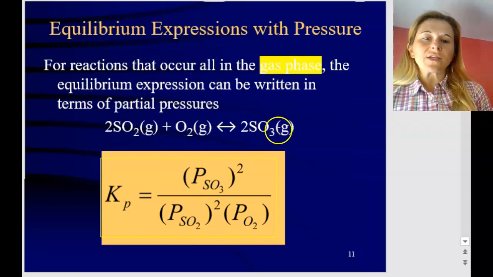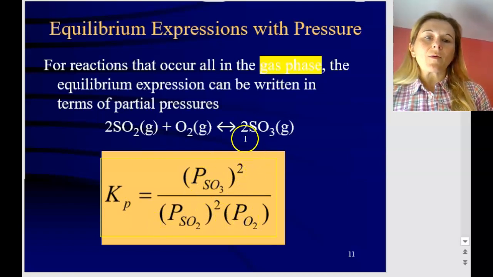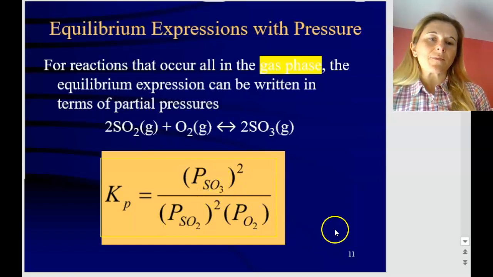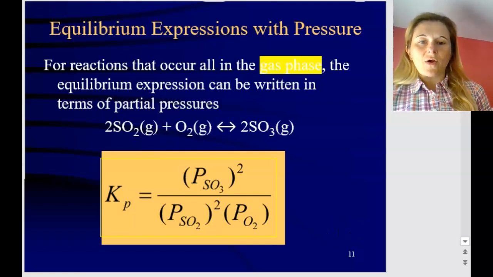So here you see we have a chemical equation. Everything is in gas phase. And so we can put it into our equilibrium expression. We can include everything here. We're still putting the coefficients as the exponents. We still have products on top and reactants on the bottom. What are some differences here from our earlier equilibrium expressions?